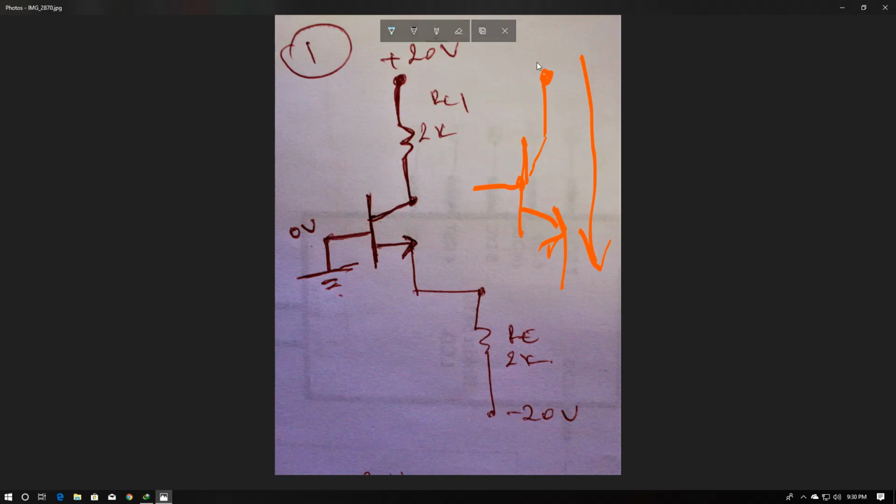For the current to go from the collector to the emitter, meaning it's conducting, there must be... God damn it! What am I doing? Okay, this is what we've got. For the transistor to conduct like this, there must be some type of voltage over here and there. There must be voltage on both sides.